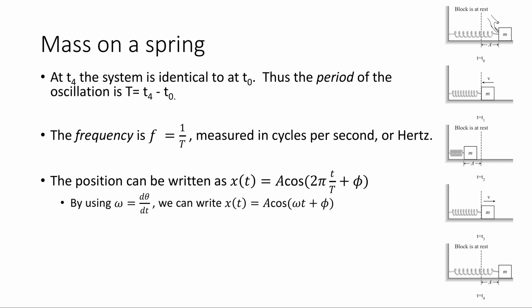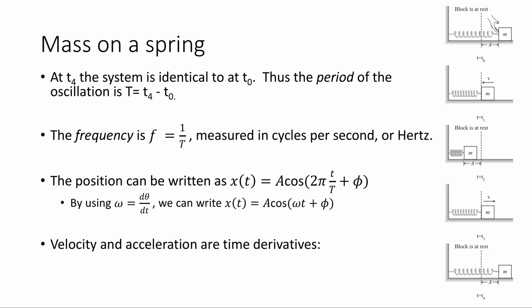Well, if you look at the first term in the cosine, after an amount of time capital T, the angular change of the argument is 2 pi. So we can say that 2 pi divided by the period is exactly this angular frequency. So we can simply write the position now as A, the amplitude, times cosine of omega t plus phi.